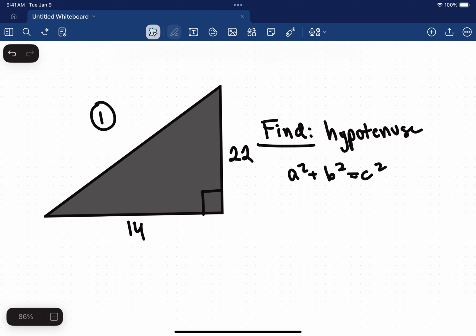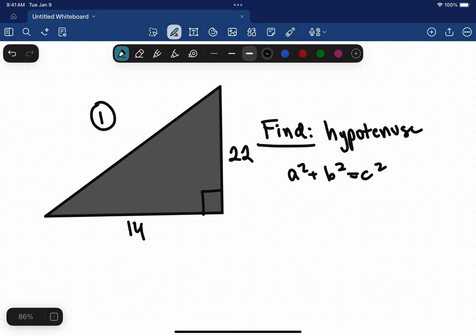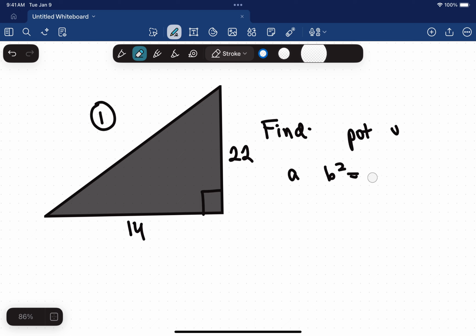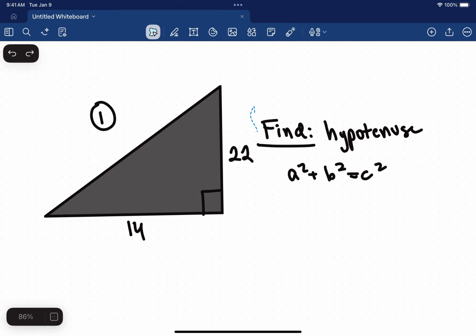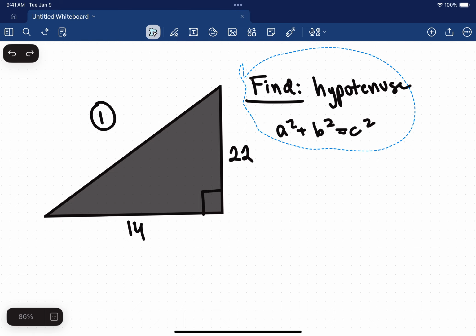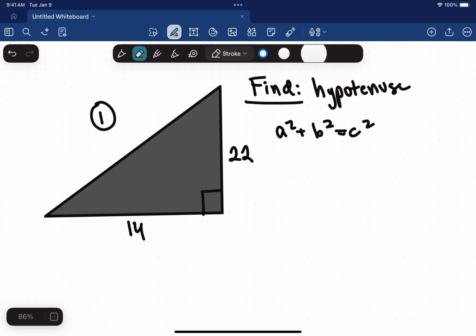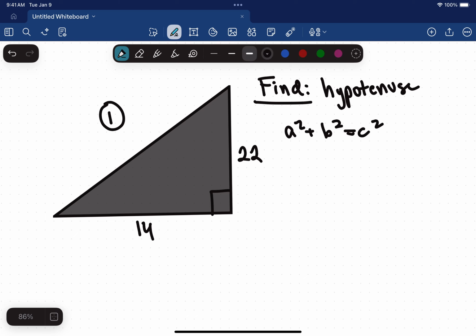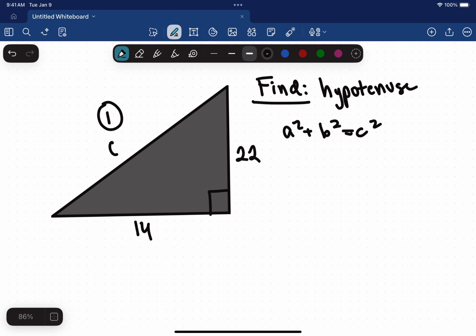Alright. Now, let's solve it. Right there. Okay. So we are trying to find the hypotenuse, which is C, which is an unknown.